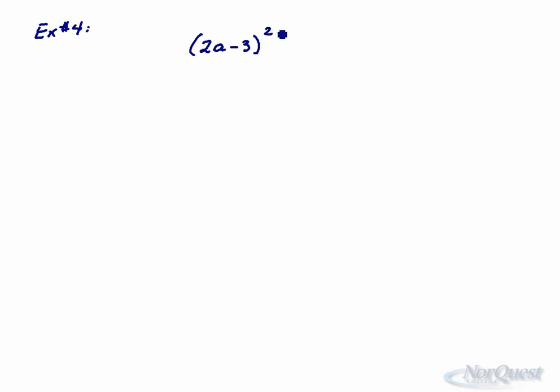Rather than just writing 2a minus 3 times 2a minus 3 and using FOIL, since they're identical binomials, the shortcut is to square the first term, meaning 2a times 2a will give you 4a squared. You can get the middle term by multiplying those two numbers together and then doubling it after. So 2a times negative 3 gives you negative 6a times 2 to give you minus 12a.